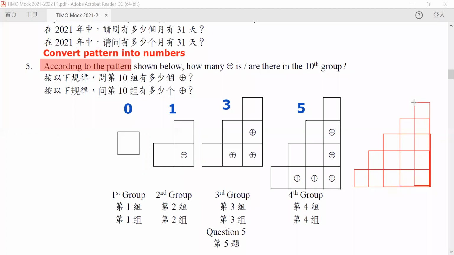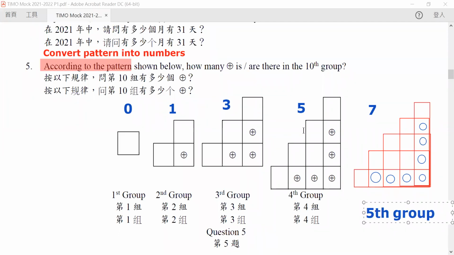According to your pattern, it will have a circle in here, another circle in here, another one in here, and so on. So by this, you will see that there are 7 symbols within our fifth group.